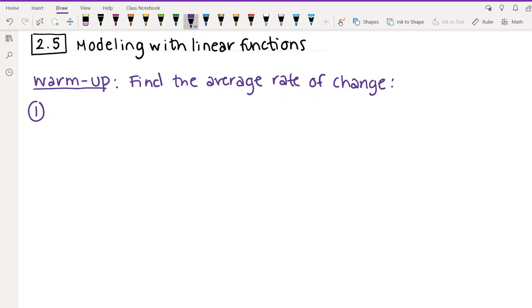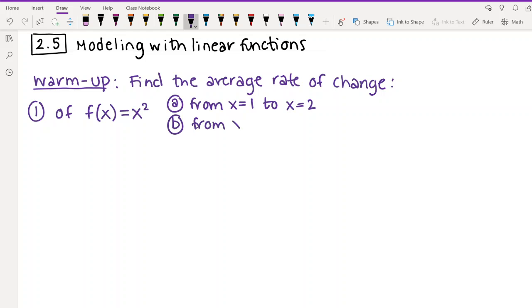The first function we're going to do is f of x is equal to x squared. First, we're going to do it from x is equal to 1 to x is equal to 2, and then from x is equal to 2 to x is equal to 3.